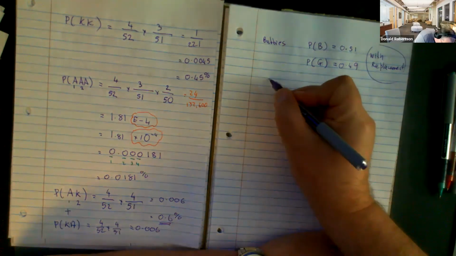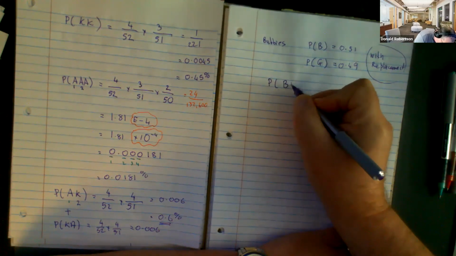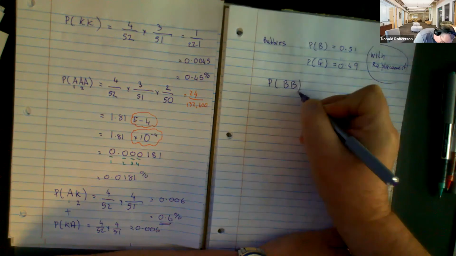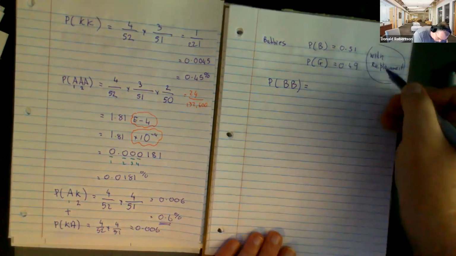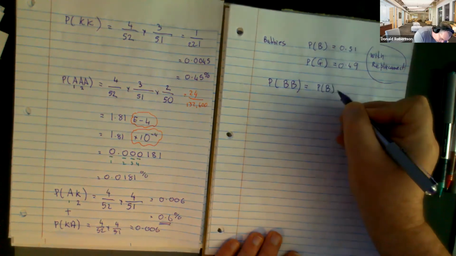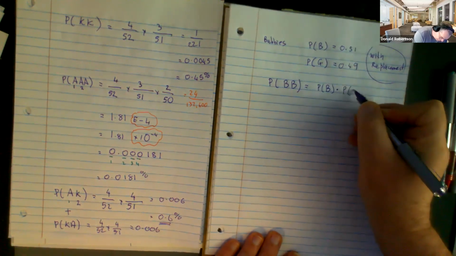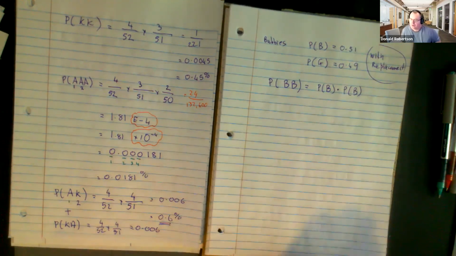So, if I wanted to know what's the probability that I have two children and both of them are boys, because it's with replacement, you can simply just multiply the two probabilities together and they will not change. So you can use this shortcut formula.